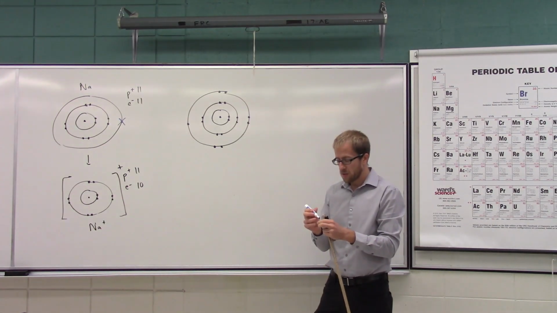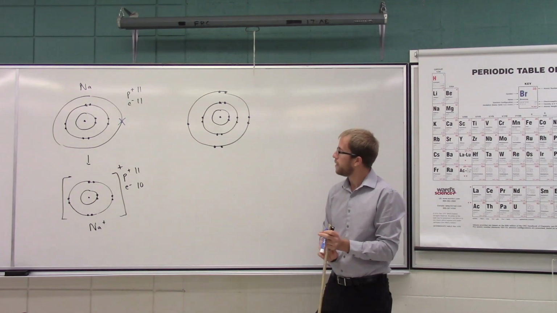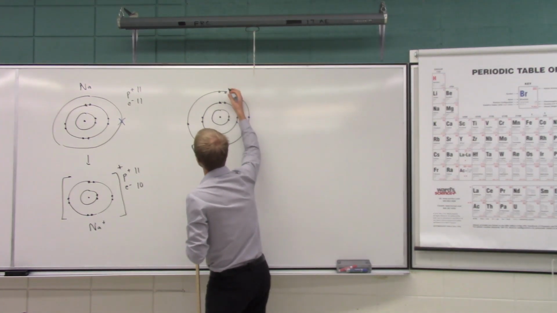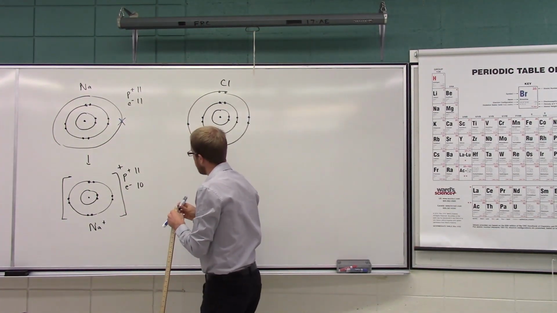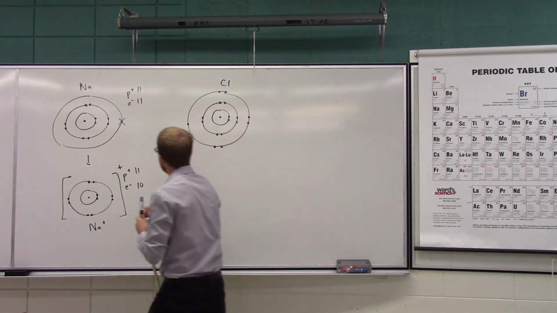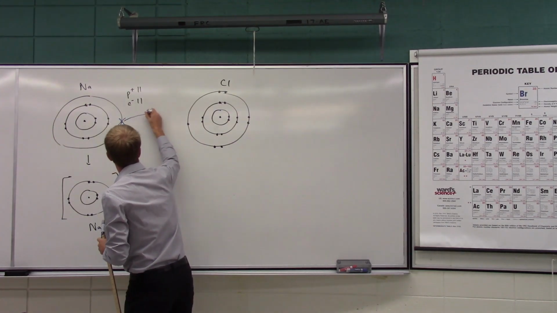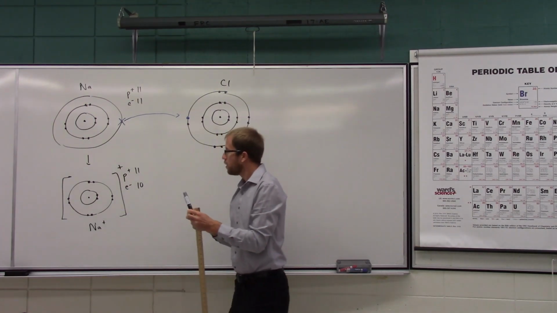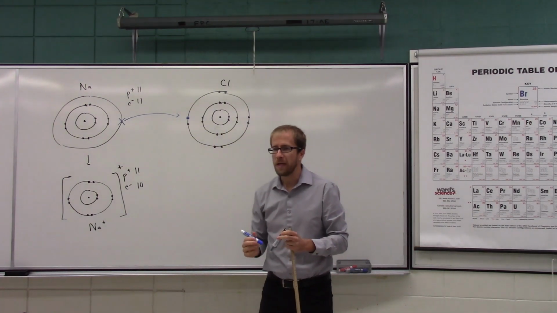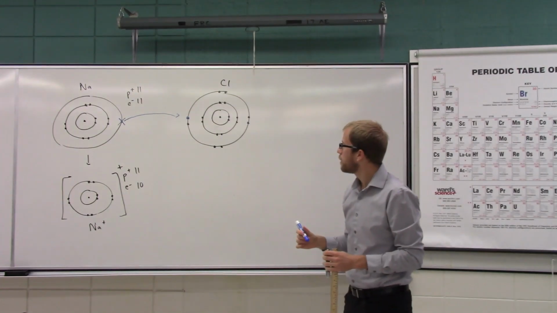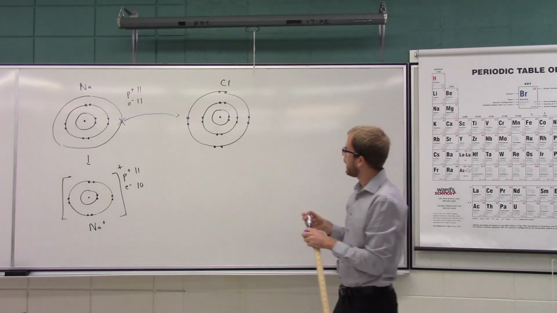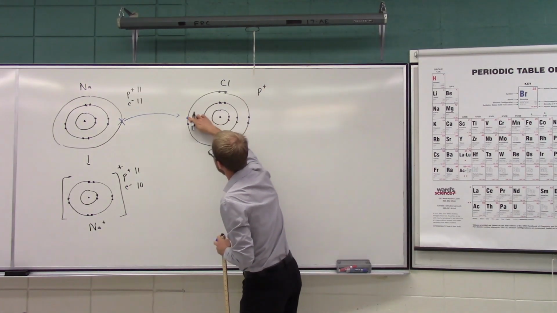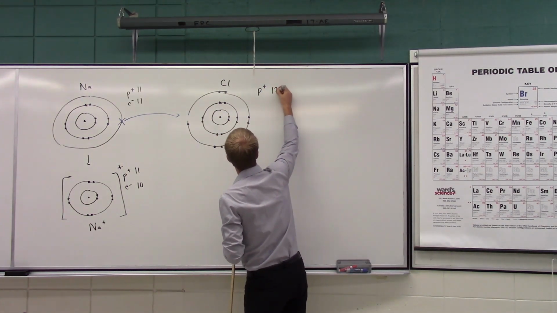So, when sodium chloride makes an ionic bond, this chlorine here is going to get an electron, right? Sodium lost one, this chlorine here is going to gain one electron. And when it gains that electron, because originally our chlorine had how many protons? 17. It had 17 protons.